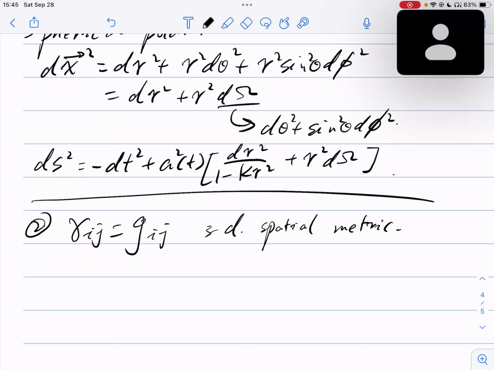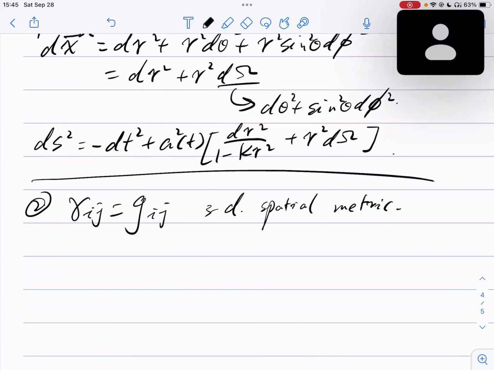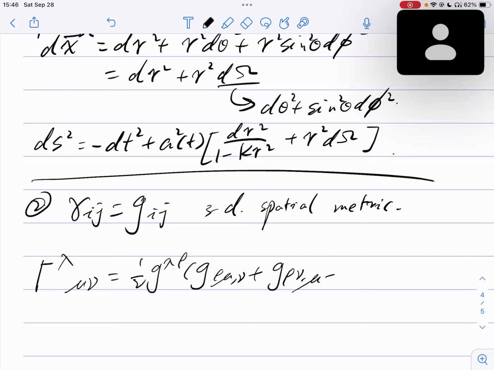We'll use this gamma ij later. Okay, so recall the expression of the Christoffel symbol with respect to the metric: gamma lambda mu nu equals one half g lambda rho times g rho mu comma nu plus g rho nu comma mu minus g mu nu comma rho.